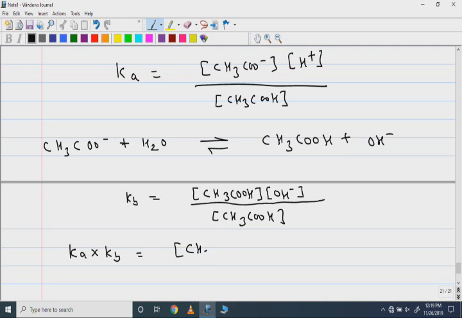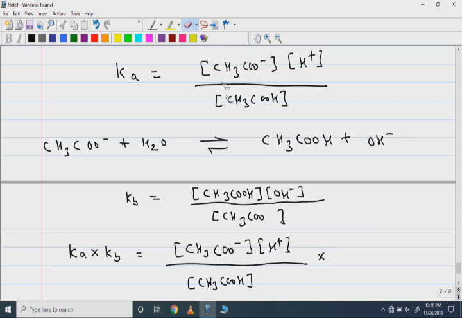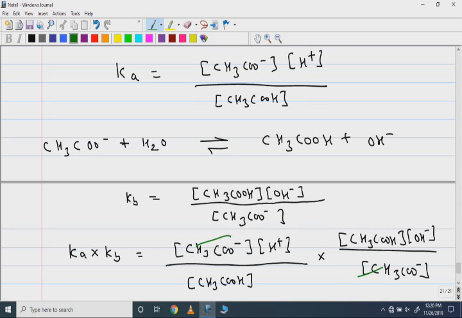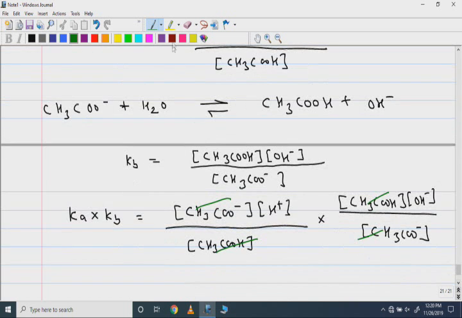On multiplying, you can find out that CH3COO minus will get cancelled out, CH3COOH will get cancelled out, and finally we will be left with H plus and OH minus.